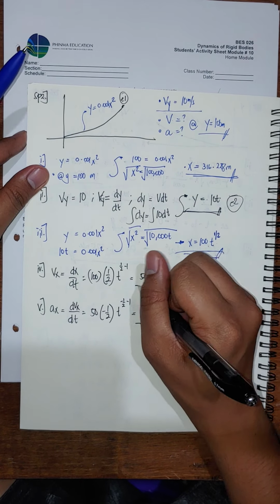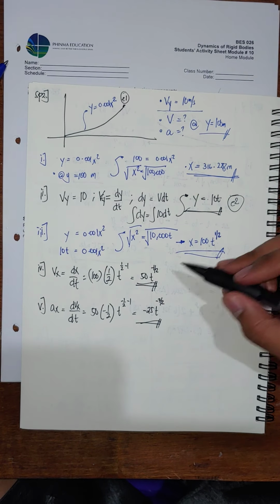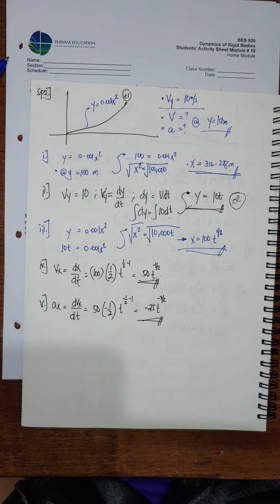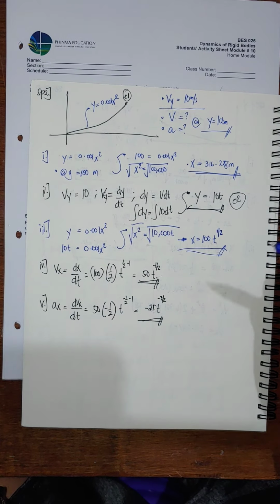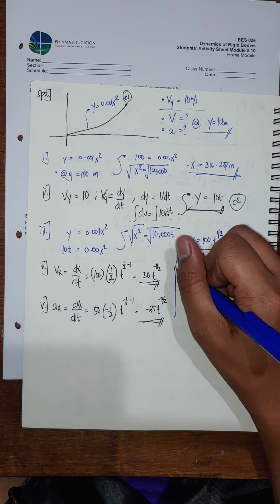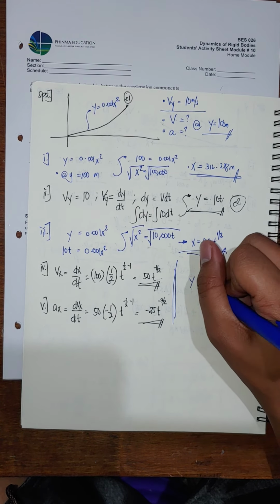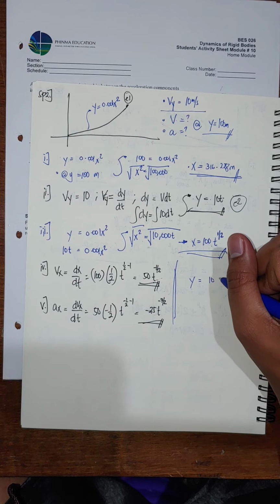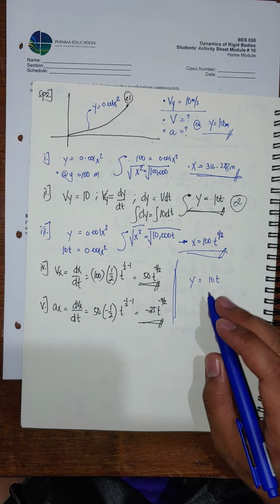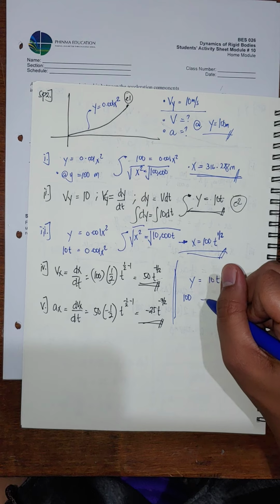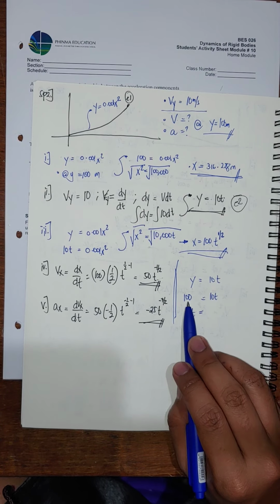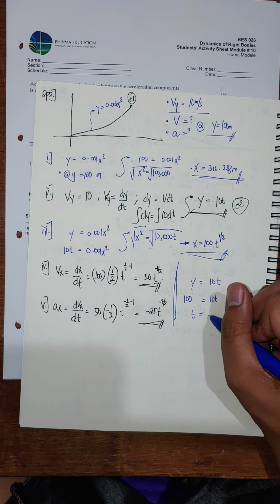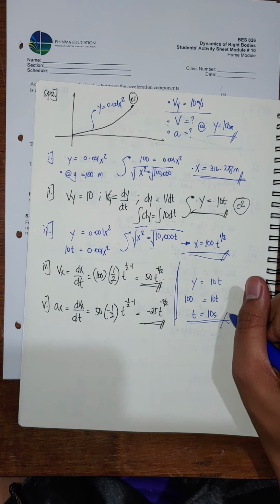Now, to solve for the acceleration and the velocity, we need the time t. How do we solve for it? We look here: y equals 10t. Since y is given as 100, 100 equals 10t. Therefore, the time from 0 to y equals 100 is 10 seconds.